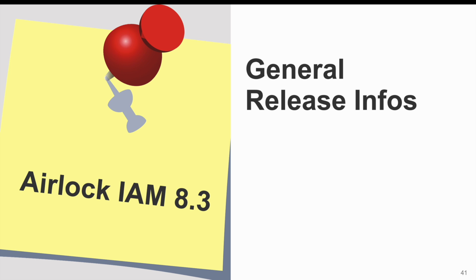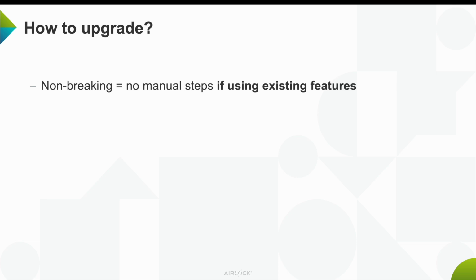Last but not least, some technical information on the release. The most important thing probably is how to upgrade. The release is minor, it's non-breaking. Therefore, if you're not using new features, then you don't have to do anything manually. You should be able to just update.